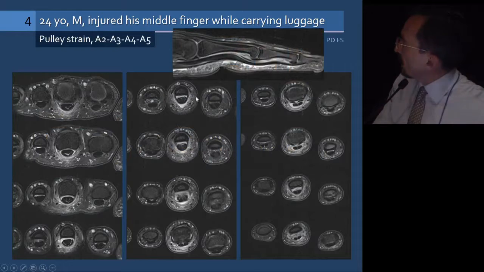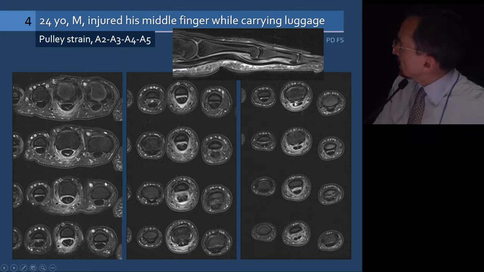And going back to this case, we have the pulley strain at A2 to A5 levels. And in between, actually, the cruciates are also edematous. But once again, what is injured here is the pulley mechanism of the fingers. You can appreciate that we actually do not have much tenosynovitis there.